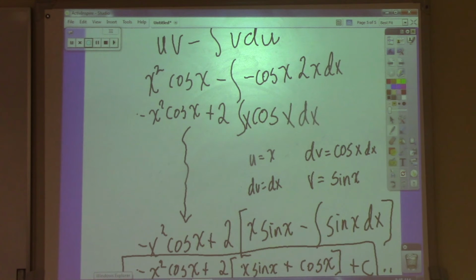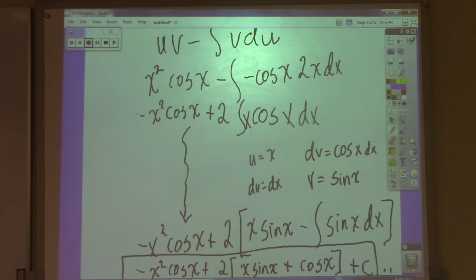Make sure I got the right answer. Negative x squared cosine of x plus 2x sine of x plus cosine of x. All right, I'm gonna let y'all do the next one on your own.